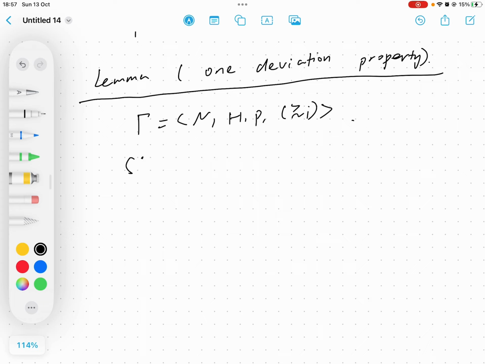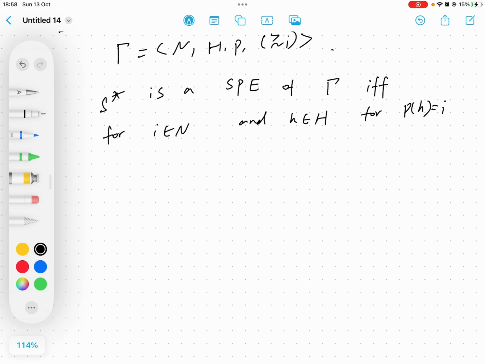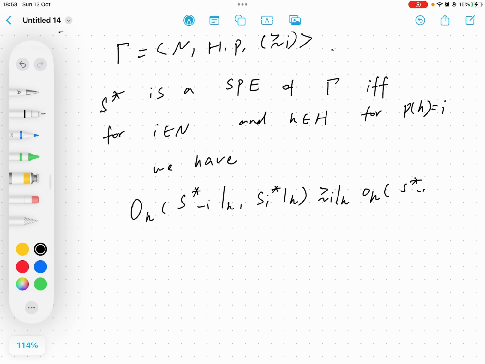So the strategy profile S star, okay, all right, is a subgame perfect equilibrium of the gamma, okay, if and only if for every player I and every history H, okay, where player I is going to move, then we have this outcome following some history H for the other players' strategy profile and player I's strategy following some H. Yes, this doesn't change.